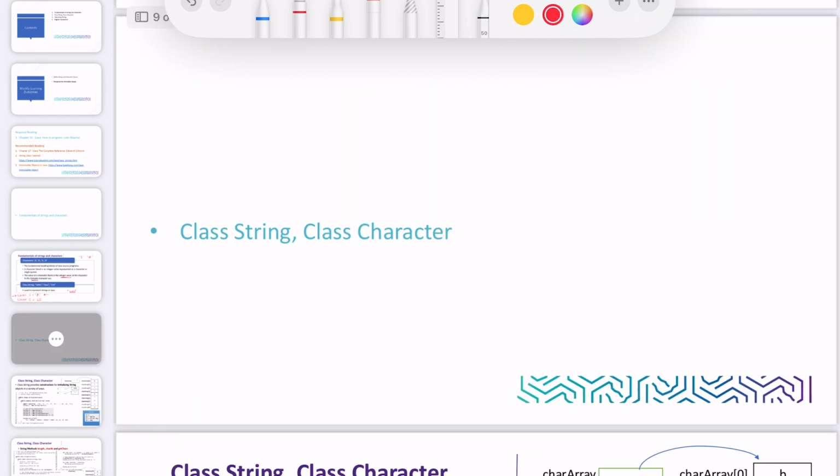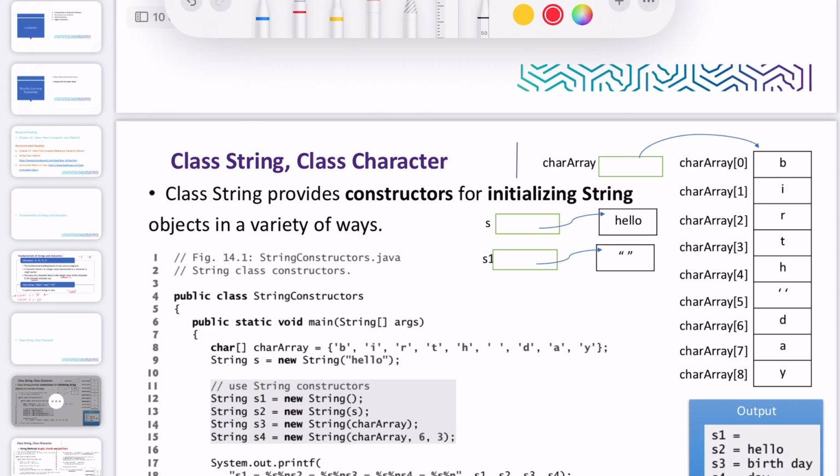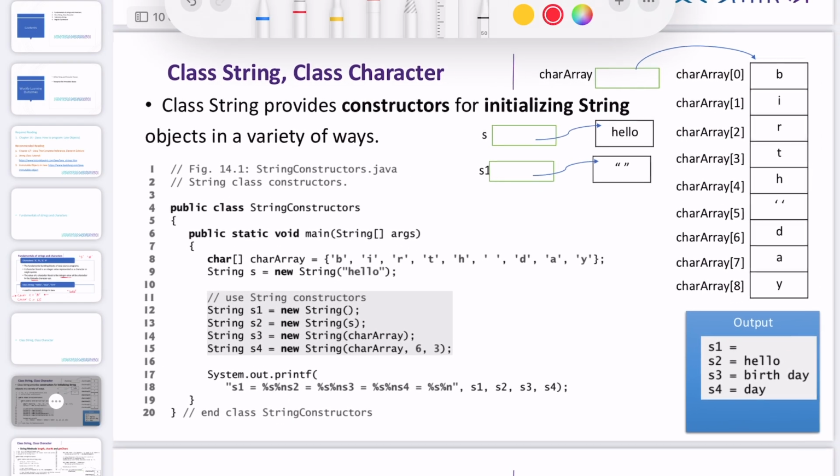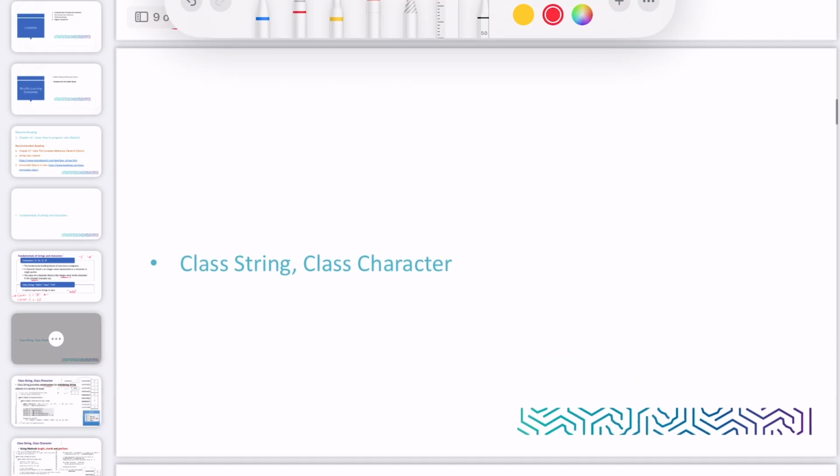Now, we will talk about class string and class character and how you manipulate strings and characters in Java. First, class string provides a constructor for initializing a string. You can define a string in two different ways.